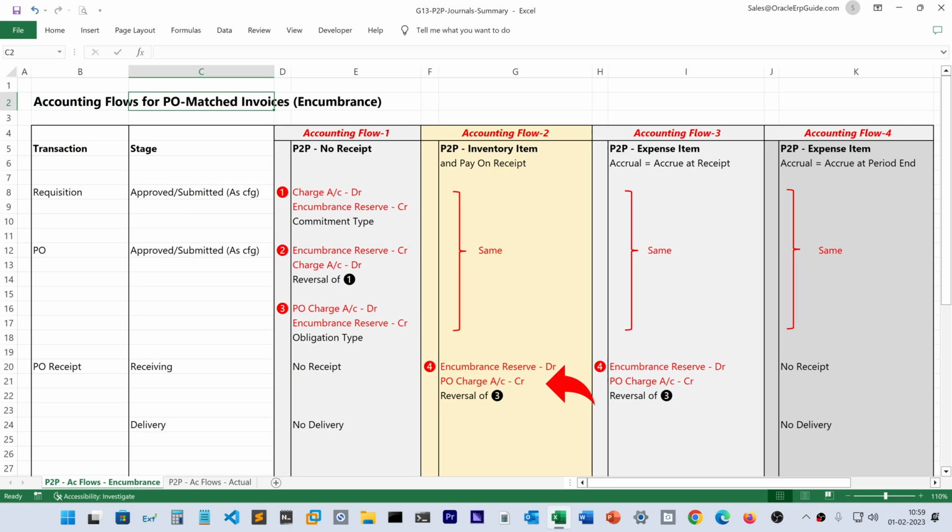In the receiving of the item, there are two stages. When we receive an item, first of all, it is received in a bay, and later on, it is put away to the delivery location of the item. And the accounting of the receipt is split into two parts: the first part is receiving and the second part is delivery. In the first part, receiving, the encumbrance of the PO is reversed.